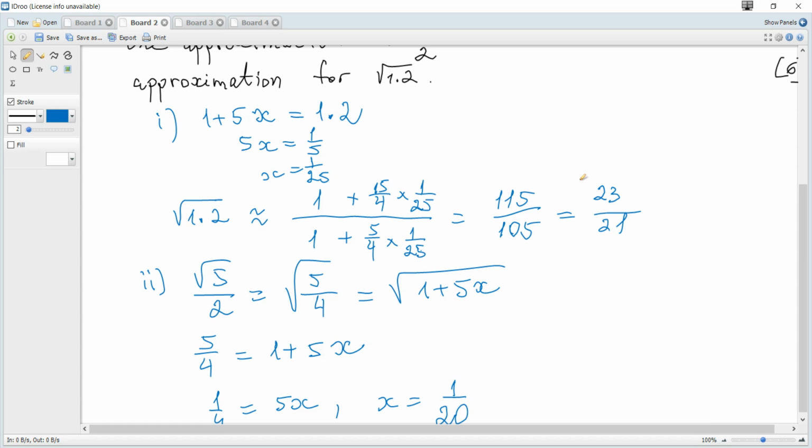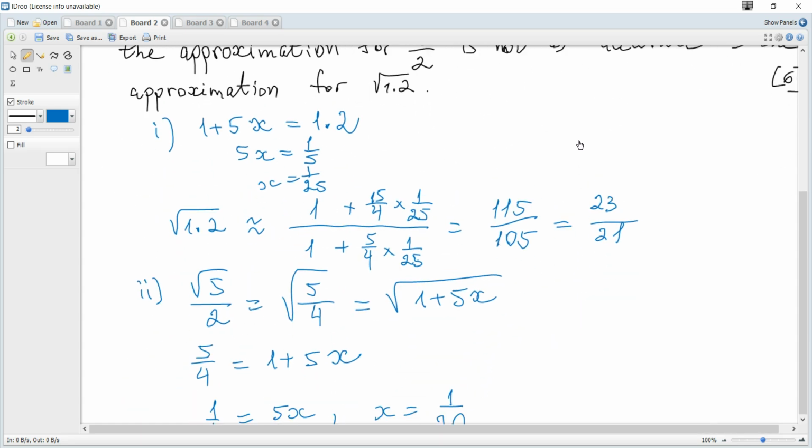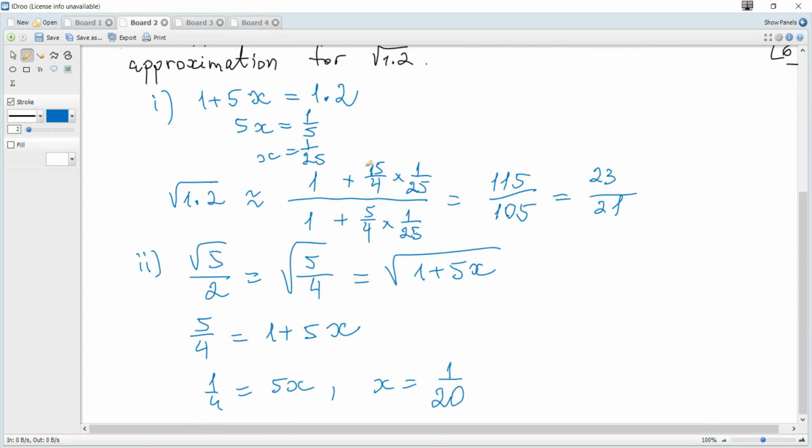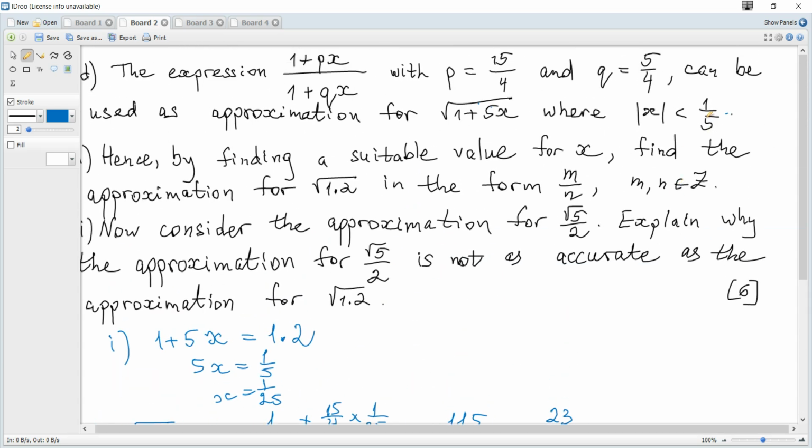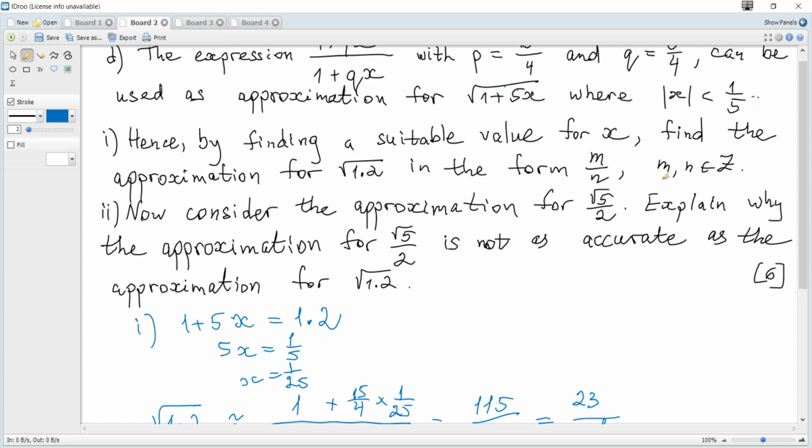And notice that 1 over 25 and 1 over 20 are in between negative 1 over 5 and 1 over 5, so this expansion or approximation is valid at all, because if x is greater than 1 over 5 or less than negative 1 over 5, this approximation is not valid at all.